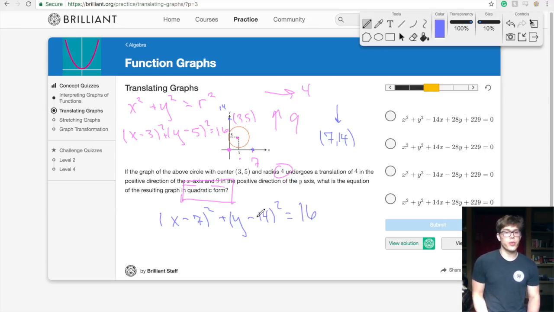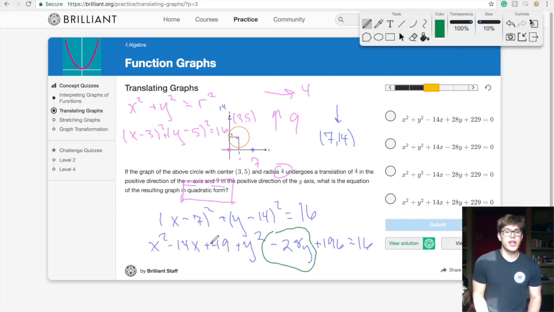Now let's expand this. When we expand this, we'll have x squared minus 14x plus 49 plus y squared minus 28y plus 196 equals 16. Now right here we can continue to simplify and finish the problem, but we have answer choices, and so what I recommend if you're doing a timed test, or if you just have a test with answer choices, look at them, use them to help you.